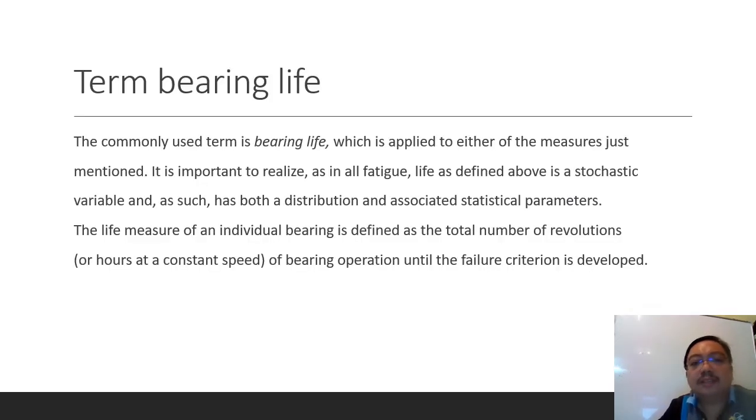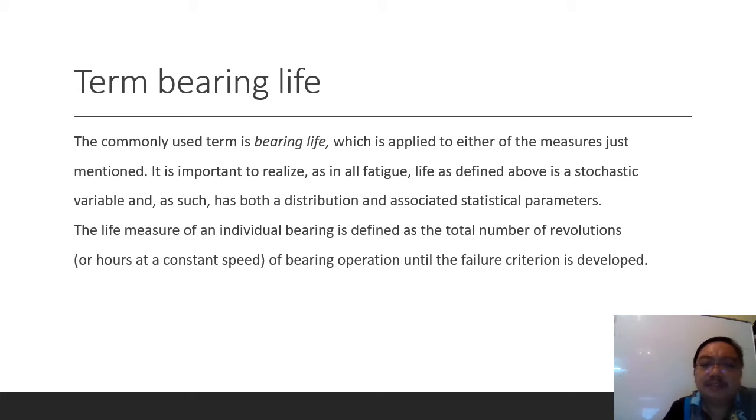The commonly used term bearing life is applied to either of the measures just mentioned. It is important to realize that fatigue life, defined as above, is a stochastic variable, with a distribution associated with statistical parameters.